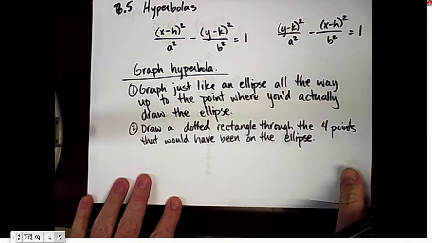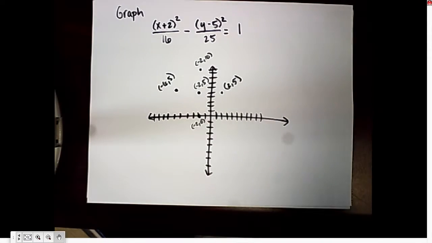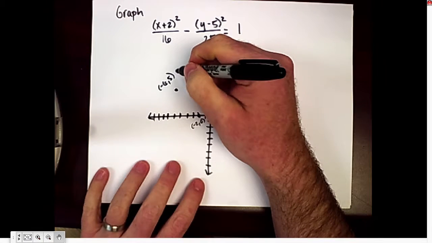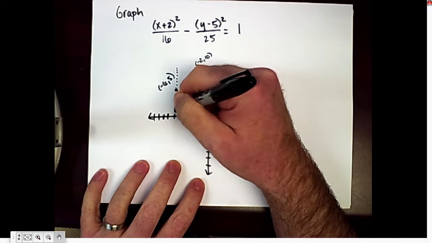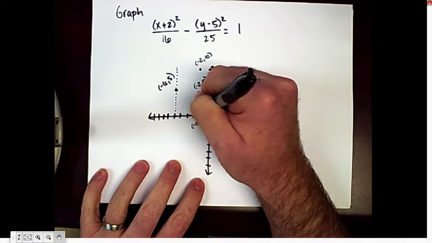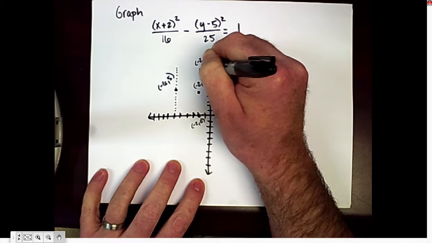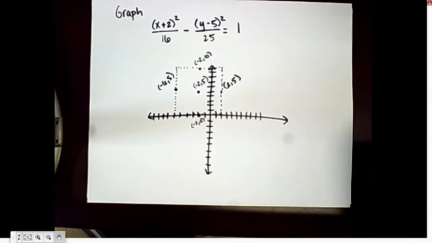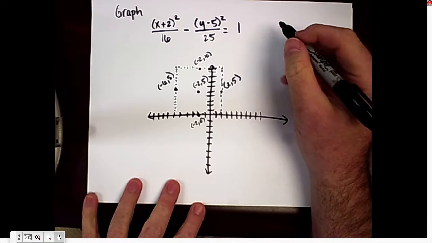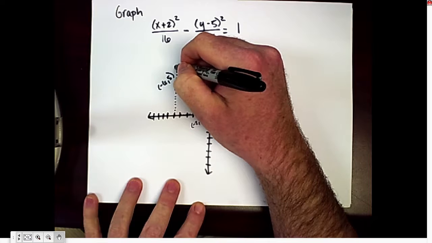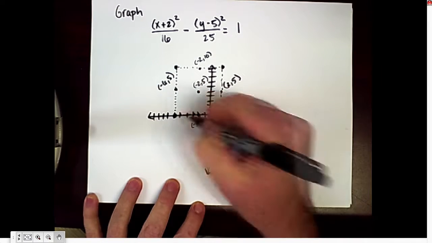So instead of drawing the ellipse, we're going to draw a dotted rectangle through these 4 points. What are the coordinates of the corners of this rectangle?